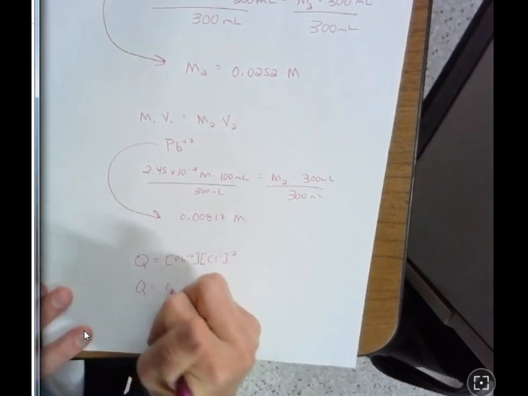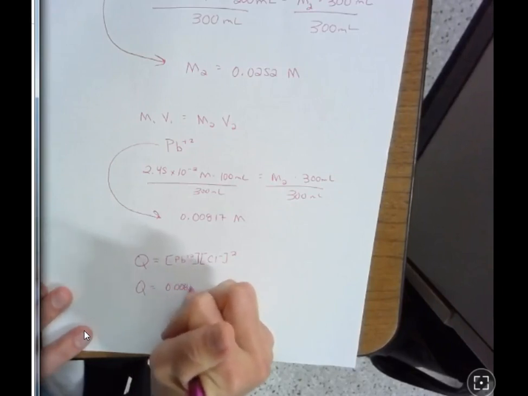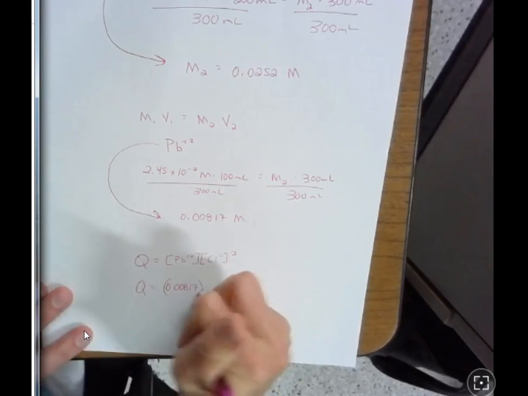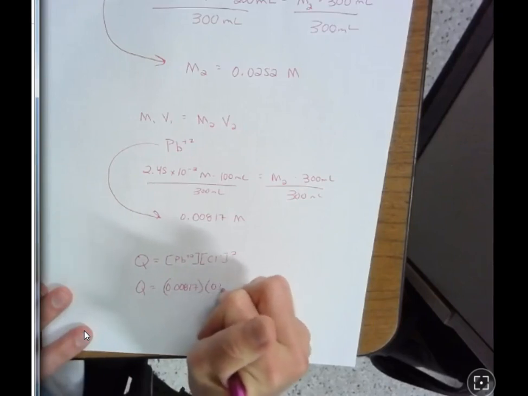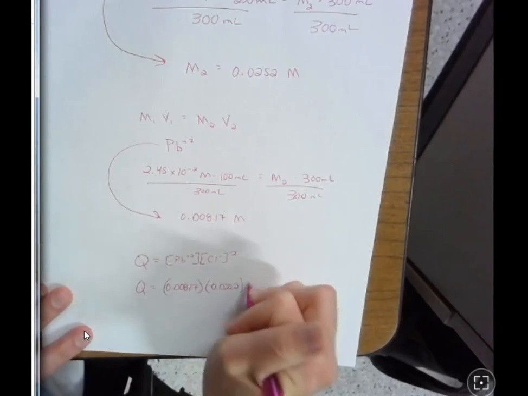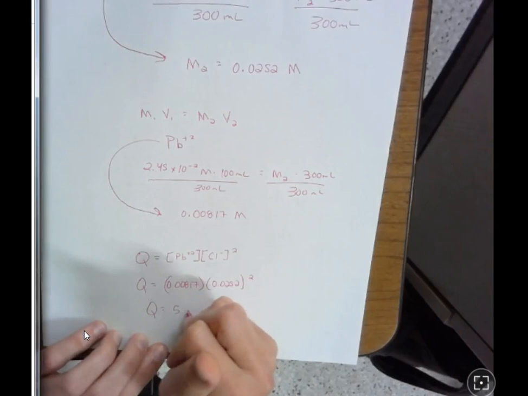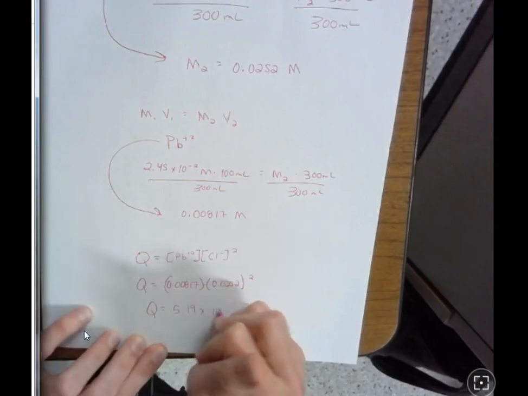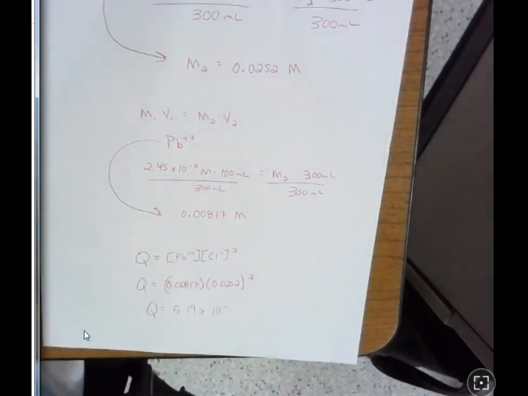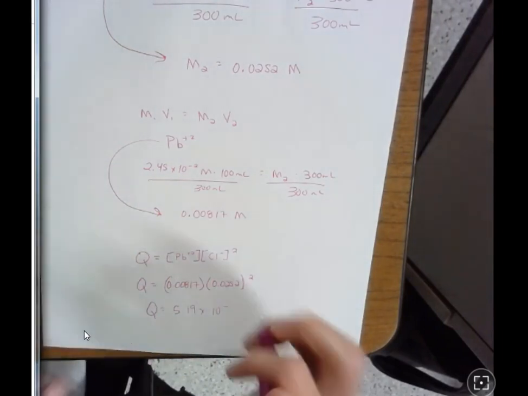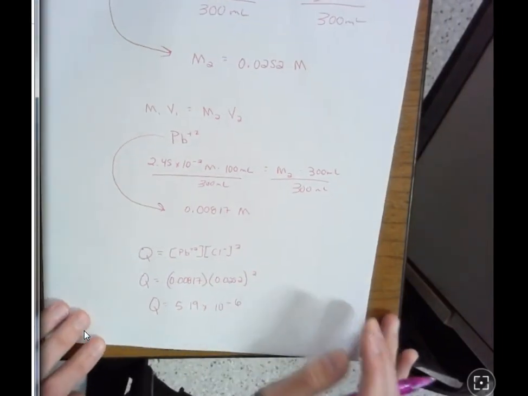Our lead concentration we know is 0.00817, and our chlorine concentration 0.0252 squared, and that gives me a Q value of 5.19 times 10 to the negative 6, as my Q.